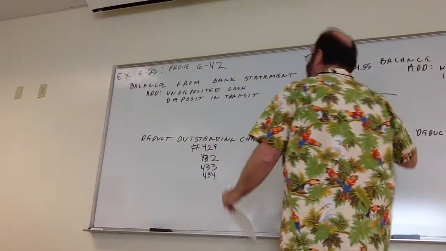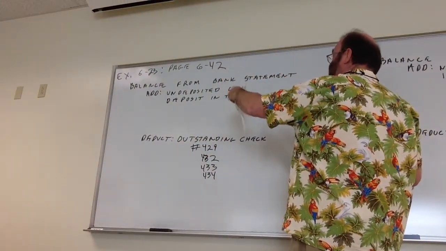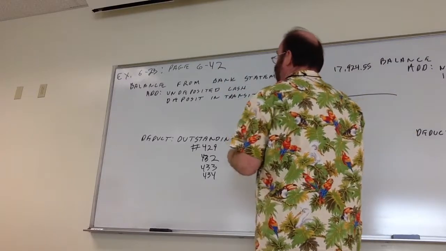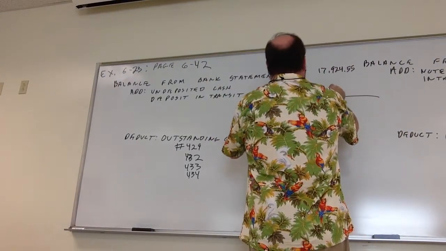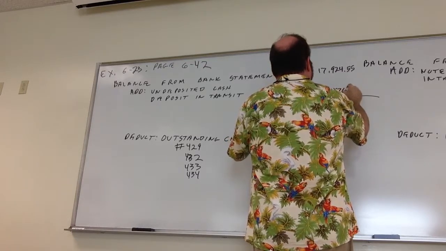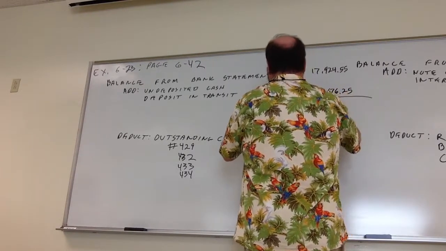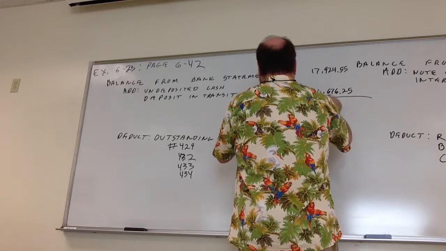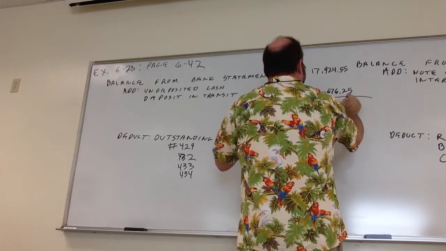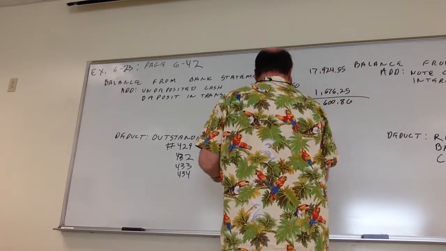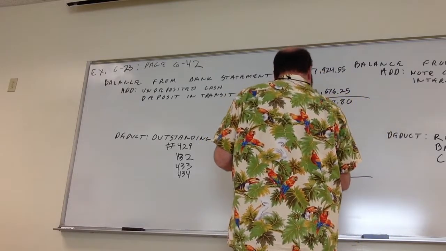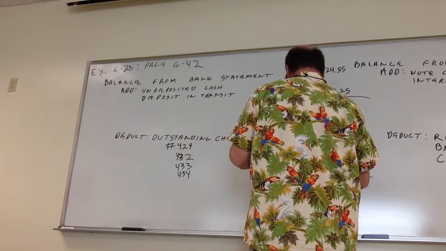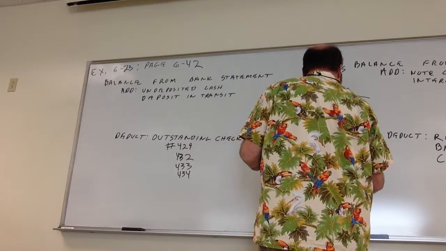Add up all the adds to the bank statement for the undeposited cash and the deposit in transit, and you get $1,676.25 for a subtotal of $19,680. Add up all the outstanding checks, and you get a negative $611.60.